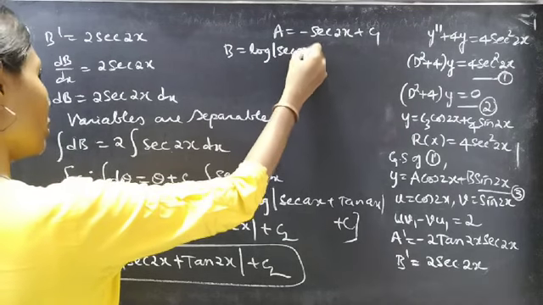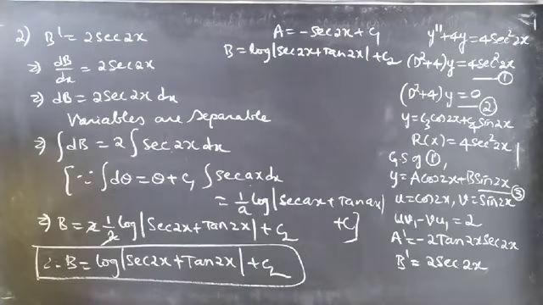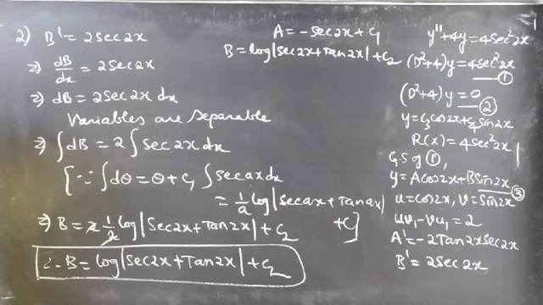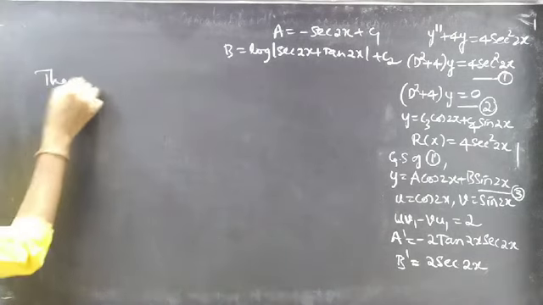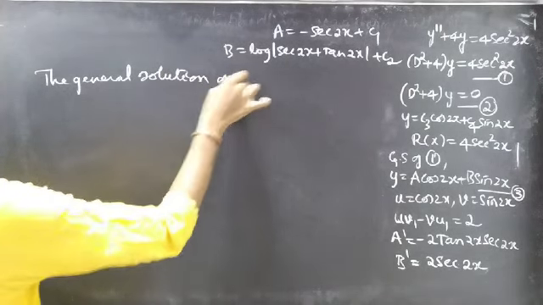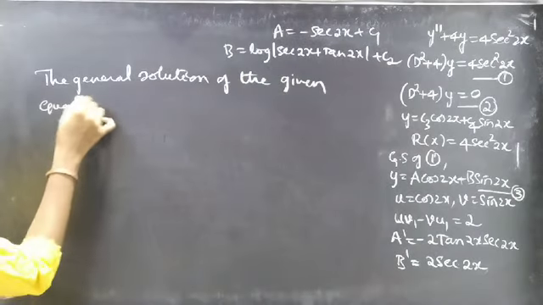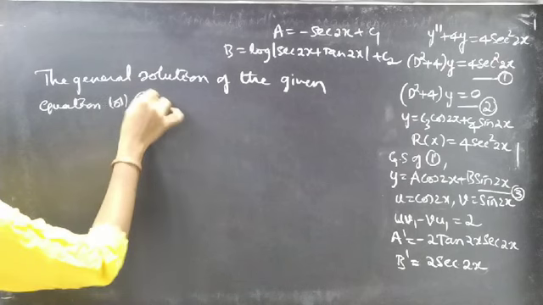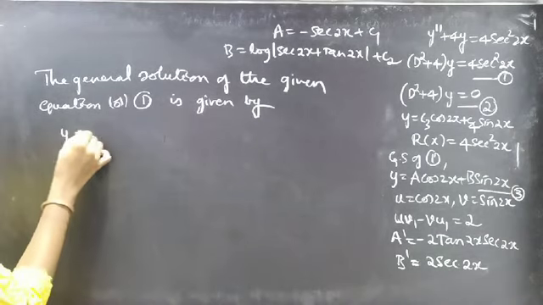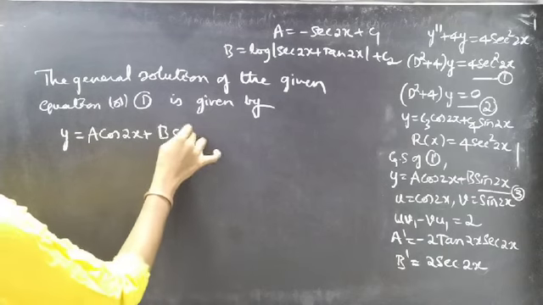Let's now find the general solution of the given equation, or equation 1, using equation 3. The general solution of the given equation, or equation 1, is given by y equal to A cos 2x plus B sin 2x.